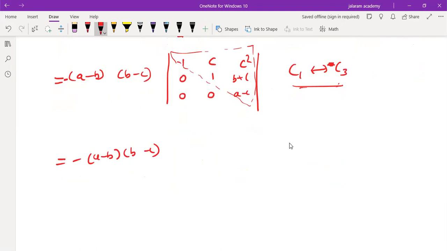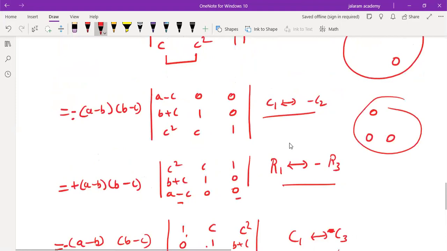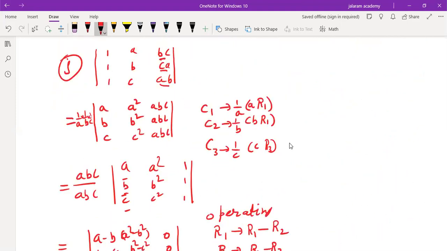So we multiply the elements of principal diagonal: 1 into (A minus C), only A minus C. And when we bring this minus inside this bracket, it is (A minus B) into (B minus C) into (C minus A), which is the answer of this question.